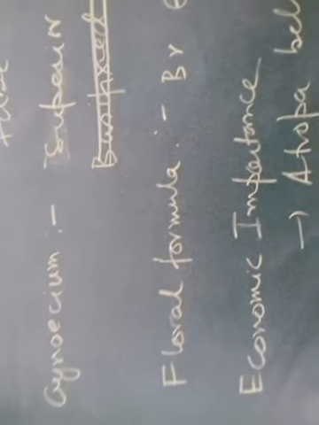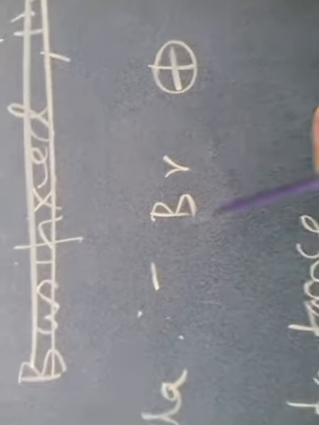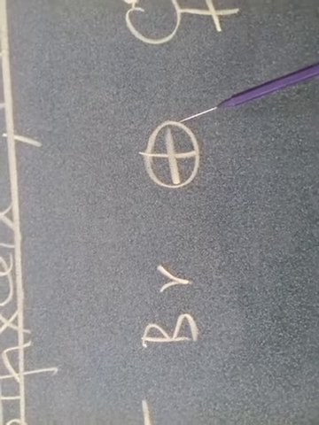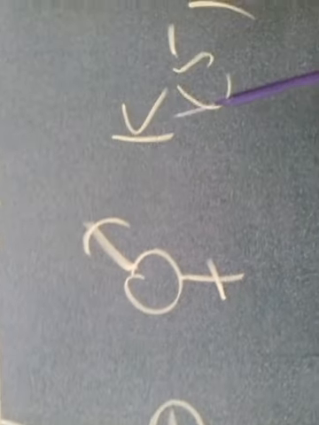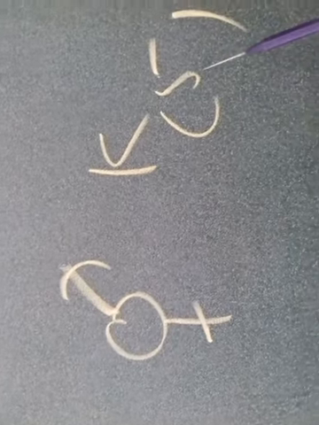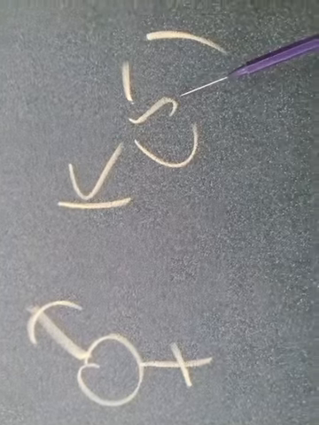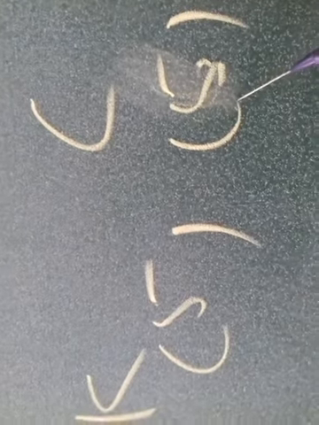Now the floral formula, you have to know this. Br means bracteate, presence of bract. This sign you remember, this is the actinomorphic sign. This is bisexual or hermaphrodite. K is the calyx, 5 means united, gamosepalous. Corolla C5, gamopetalous, androecium is 6.